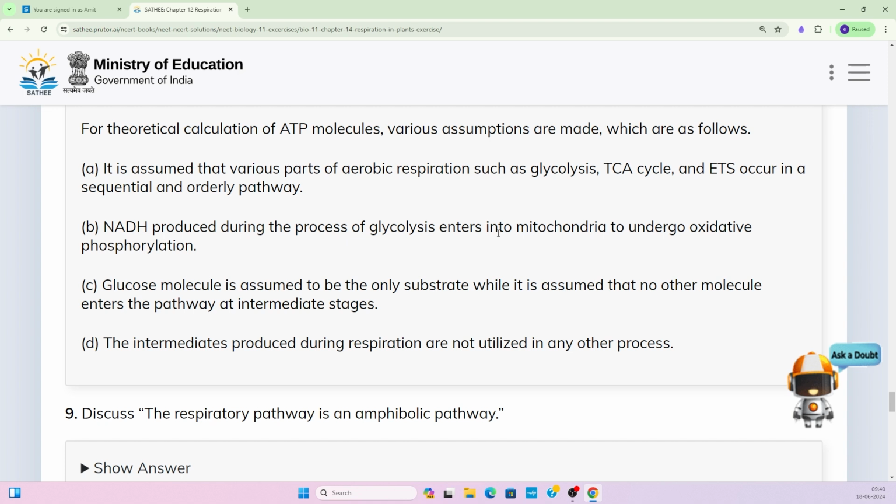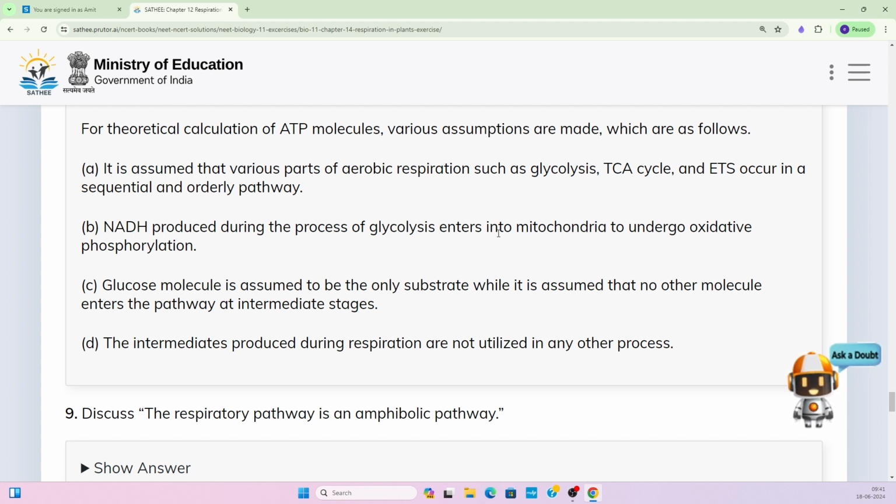We have already discussed that whatever the substrate, first of all it is changed to carbohydrate, and the simpler one, glucose, is the starting point of glycolysis. So it is assumed that glucose is the only substrate and no other molecule enters the pathway. Our calculation is based on that.